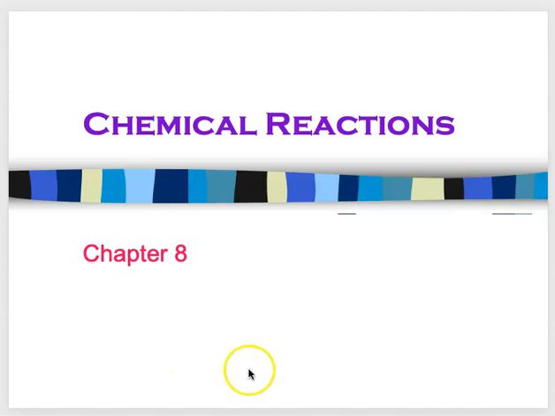This week we're going to look at chemical reactions and some basics on what an equation for a chemical reaction looks like and so forth. I will post the PowerPoint version of these notes in the Google Classroom for you.